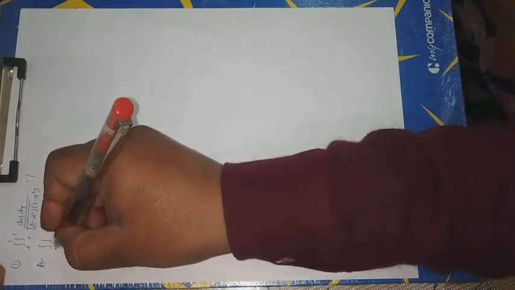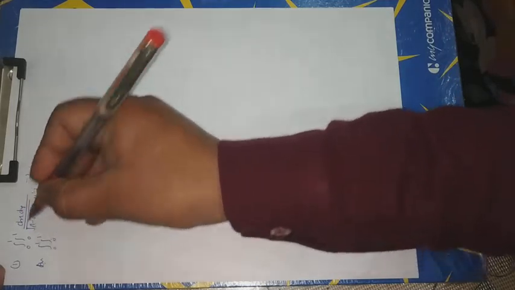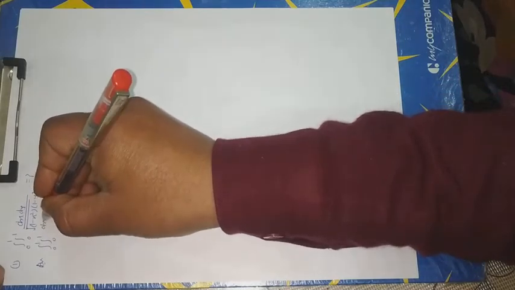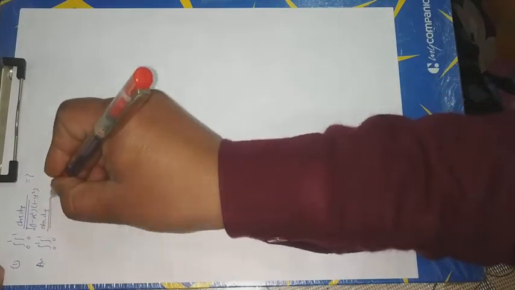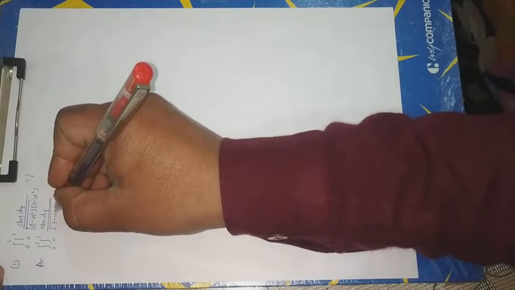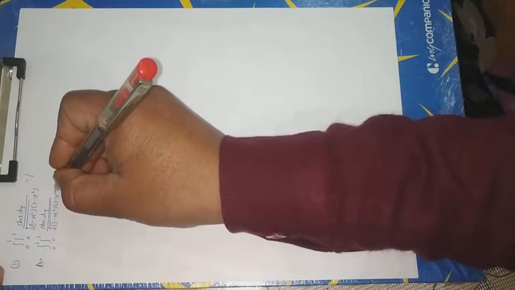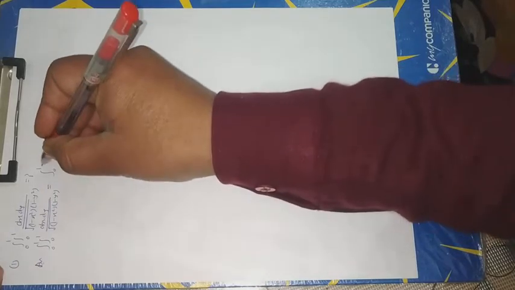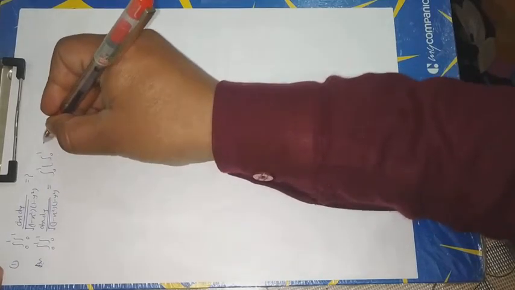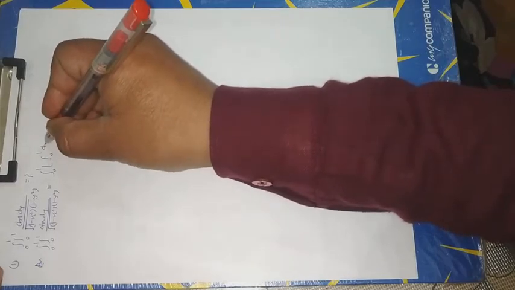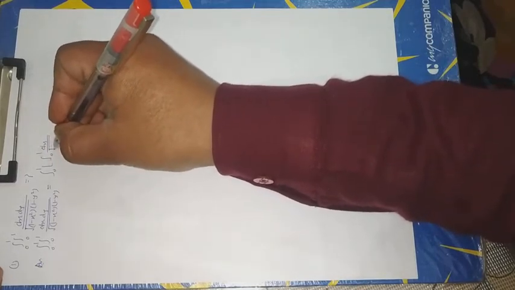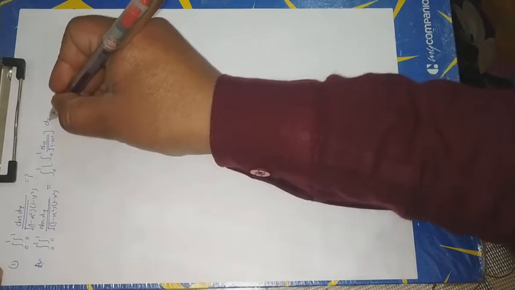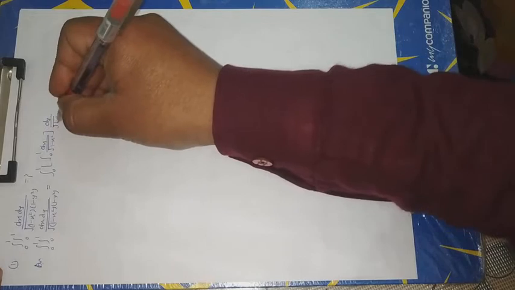Integration limit 0 to 1, dx dy upon under root 1 minus x square, 1 minus y square, can be written as integral limit 0 to 1, integral limit 0 to 1, dx upon under root 1 minus x square, now bracket is closed, dy under root 1 minus y square.